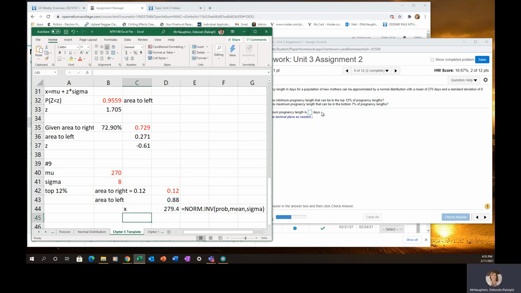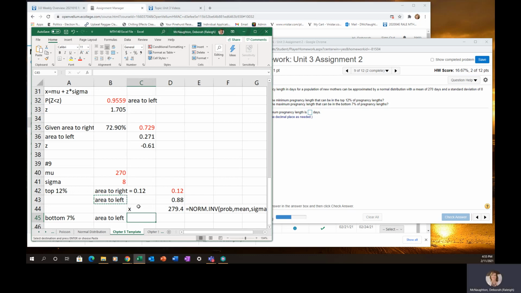And then it asks for the bottom 7%. That means the area to the left is 0.07.